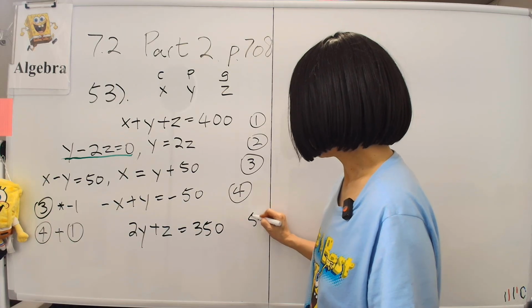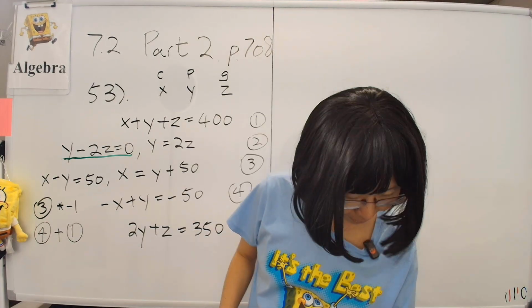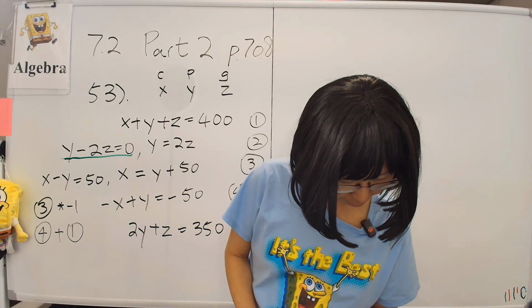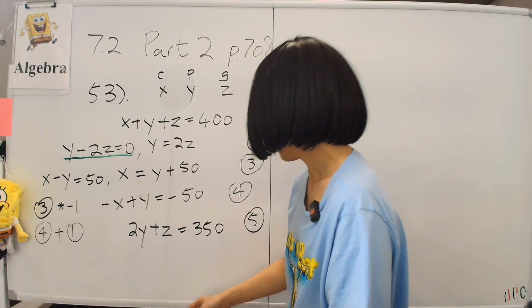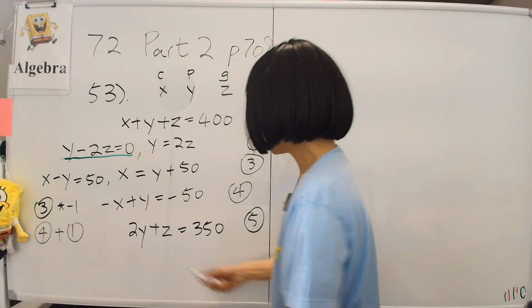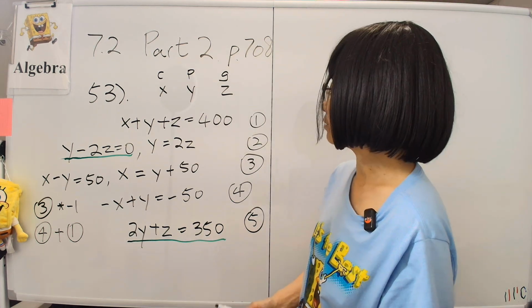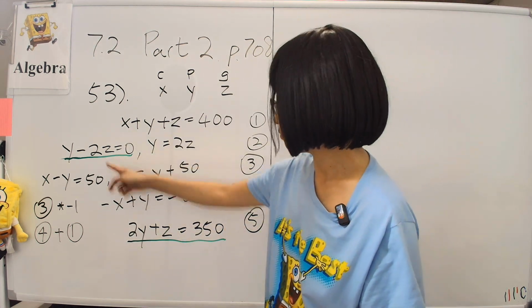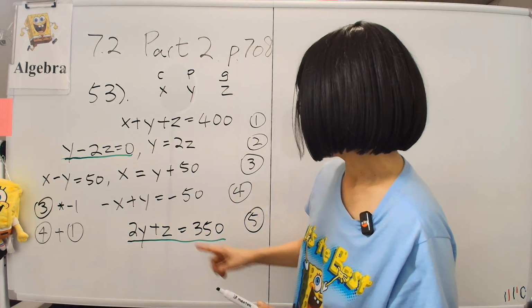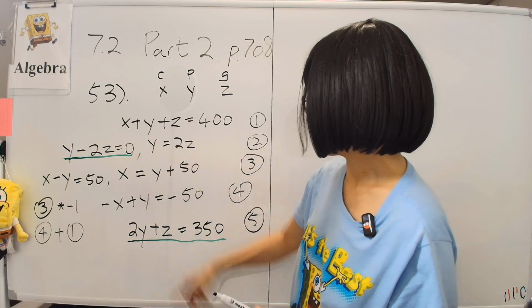We'll call that equation 5. Now we have two equations. One of them is already done for us.